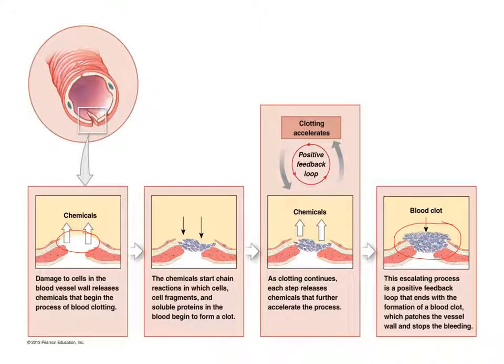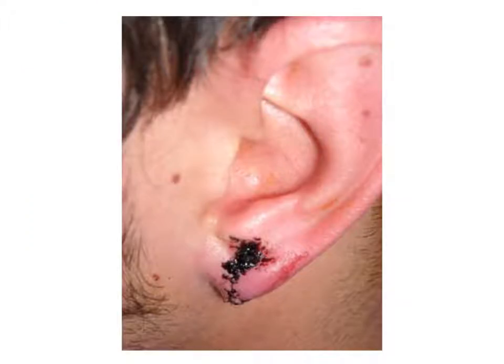Each step releases further chemicals to increase the process. So clotting accelerates. This escalating process is a positive feedback loop that ends in the formation of a blood clot, which patches the vessel wall and stops the bleeding. This is a picture of an example of a blood clot on the ear that stopped bleeding.